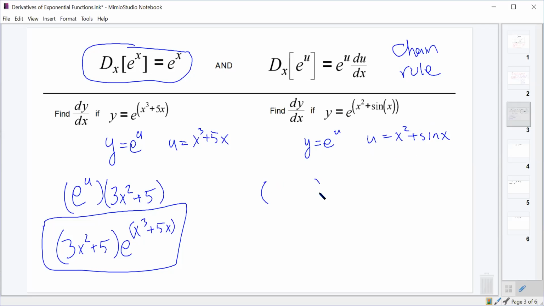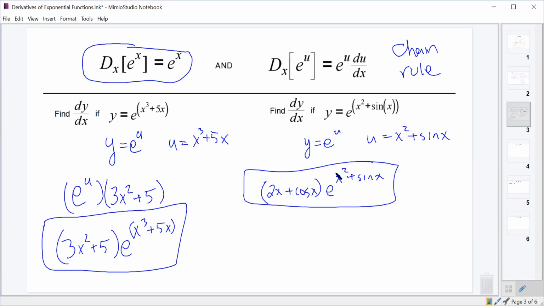That ought to be 2x plus cosine x times e to the u. So taking the derivatives of e to a power, those are pretty easy derivatives, yeah? Everybody okay with those or no? Yeah. All right.